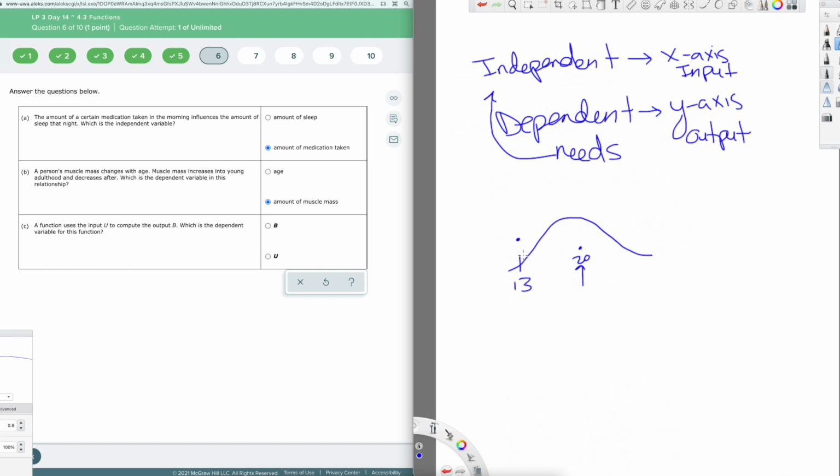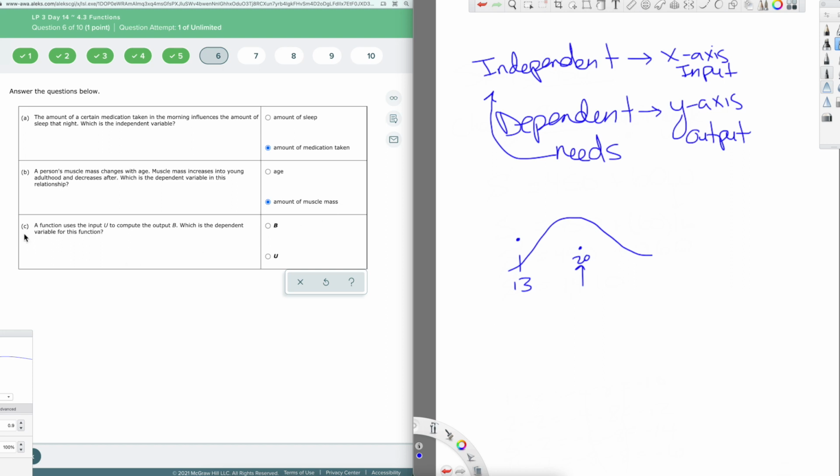I'm guessing because they're not giving us any of this, but this is just the idea. It could be higher, it could be lower, but that doesn't change your age. It doesn't have a direct effect on your age. We're not going to say, oh, your muscle mass is this at this point, so you must be this age. No, your age is going to stay whatever your age is. But there is a direct relationship between muscle mass and age. So this one is the dependent variable.